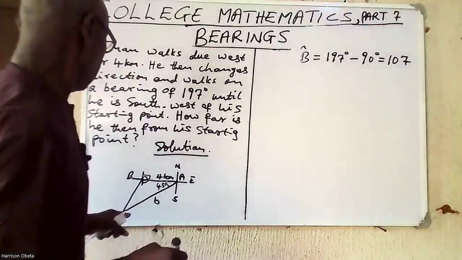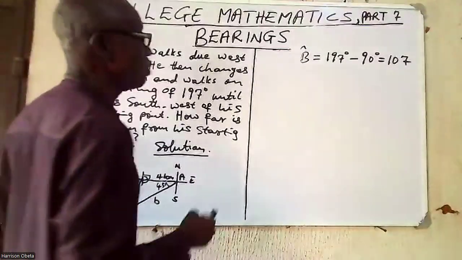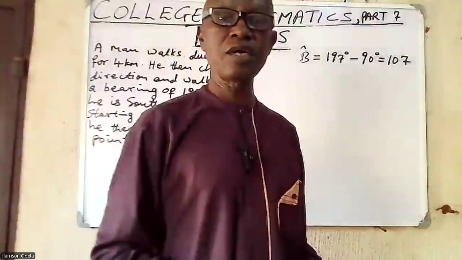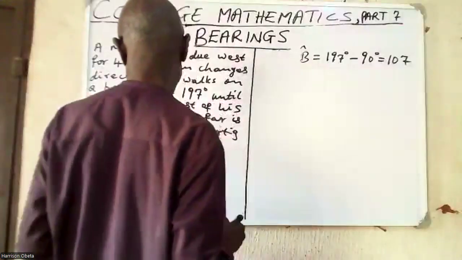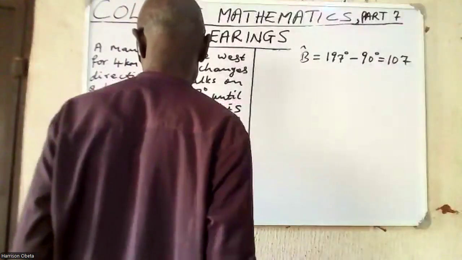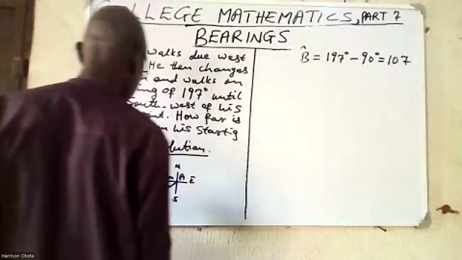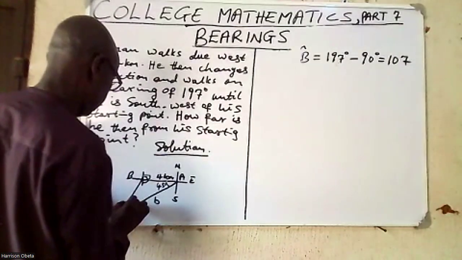Since we are looking for small b, we have to use the sine rule. Again, we can calculate this.